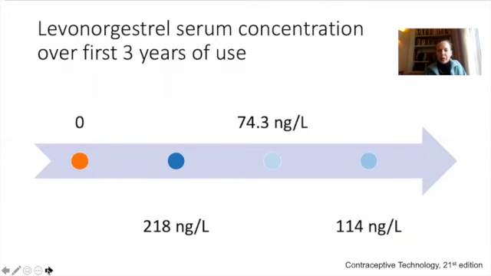When we look not just at the first year, but over the first 3 years of use, what the exposure is, the highest dose hormonal IUDs are releasing 218 nanograms per liter, while the lowest hormonal IUD that's commercially marketed is releasing 74.3 nanograms per liter.